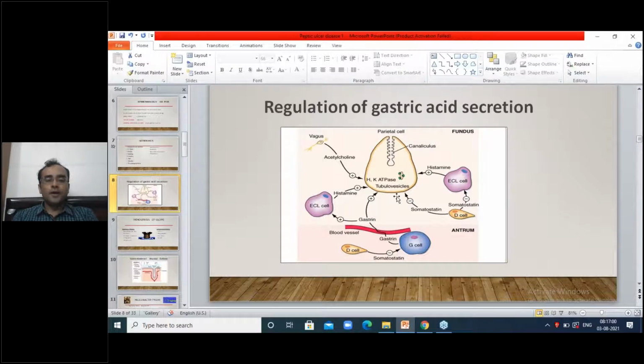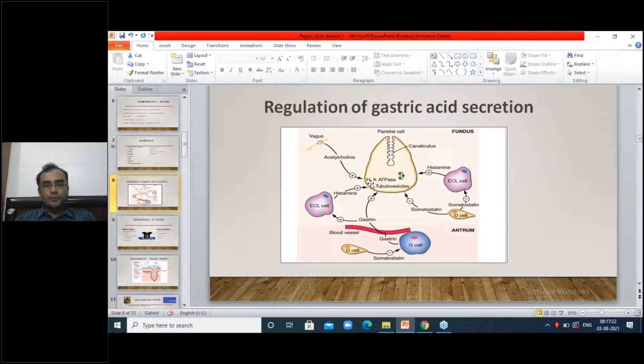The hydrochloric acid is basically secreted by the parietal cell due to the activity of the proton pump, that is a hydrogen potassium ATPase. It is just like the sodium pump, which you also read about in nephrology.